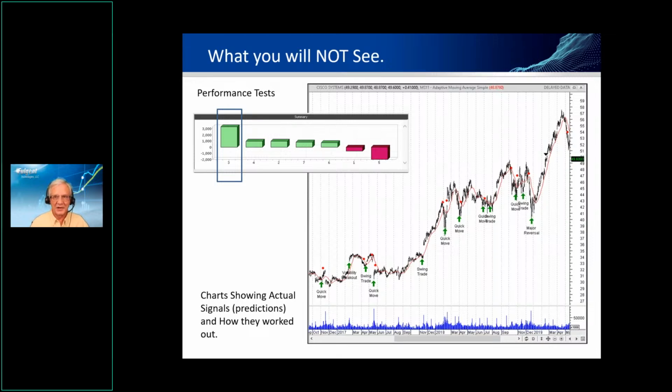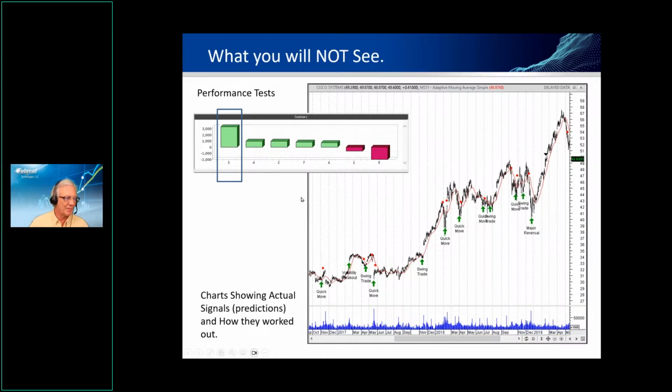And if you see it, write me because I haven't seen any kind of proof like this really ever. These are actual signals coming out of our AI engine, and you can see they're generally very, very accurate, very correct. So this is important to us. We want to make sure that what we do is mechanically tradable. And that's something that very few people actually do. So I want to point that out.